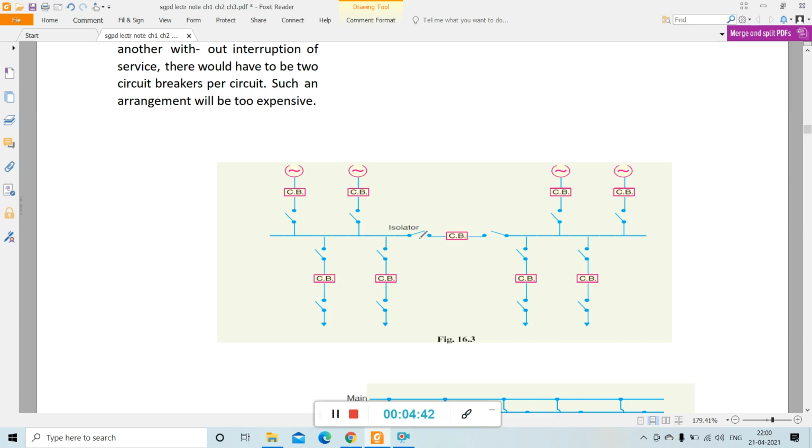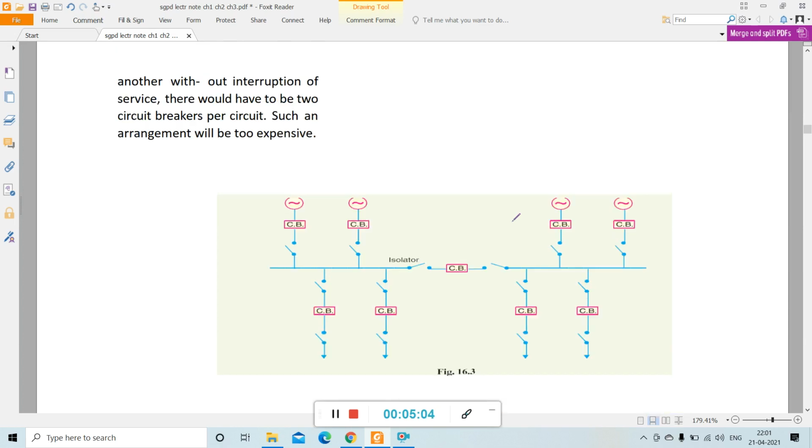These two generators are connected through circuit breaker and isolator. Here also a generator is connected through circuit breaker and isolator, and these two feeders are connected through circuit breaker and isolator. They all are connected to this common equipment, the bus bar, and the same thing happens here.